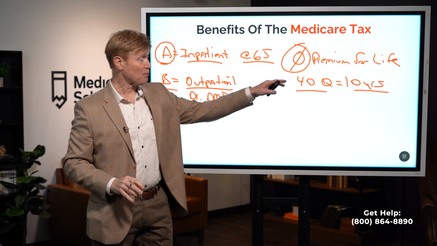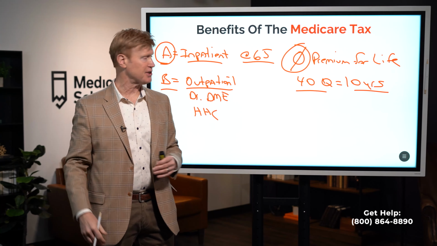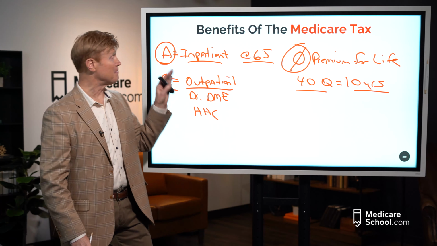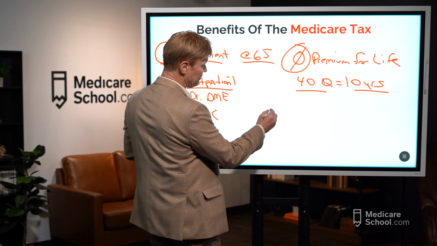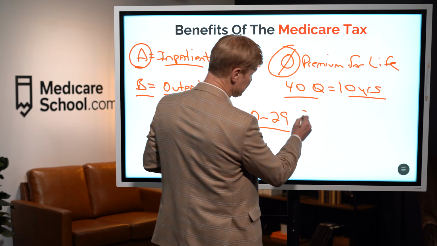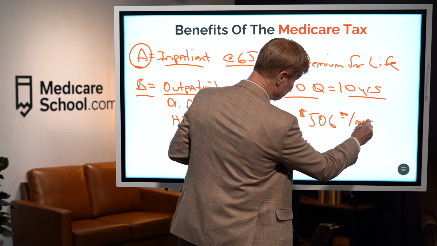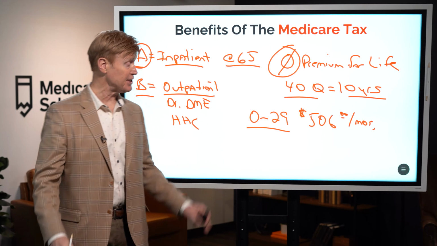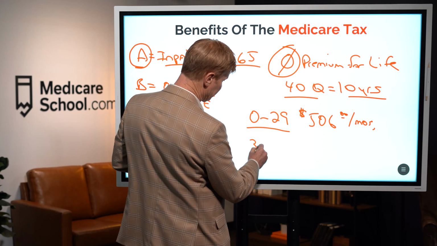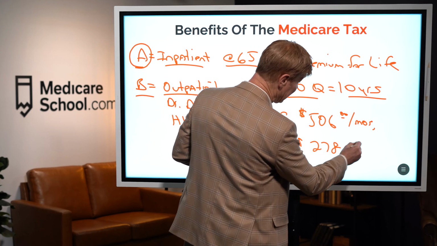But those who don't have 40 quarters, or cannot get the 40 quarters from a spouse, either an ex-spouse, existing spouse, or even a deceased spouse, actually have to buy Medicare A. Right now, anyone with 0 to 29 quarters would have to buy Medicare A this year for $506 a month. We're talking $6,000 a year to have that hospitalization insurance. If they have anywhere from 30 to 39 quarters this year, they would pay $278 a month.